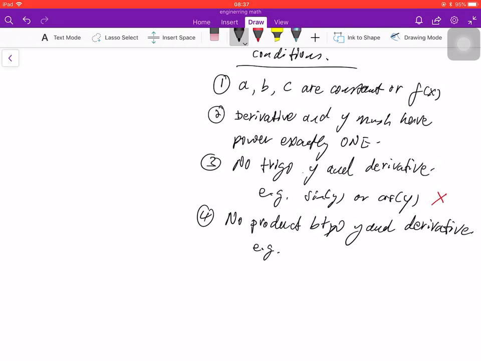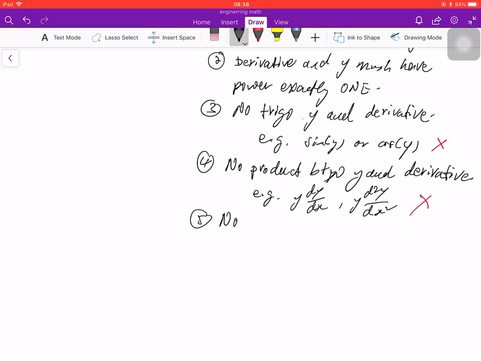For example, if you see a term in the ODE like y times dy/dx or y times d squared y/dx squared, then the differential equation is non-linear. Now condition number 5, no inverse of y. For example, if you see one term which is 1 over y in the differential equation, then it is non-linear.